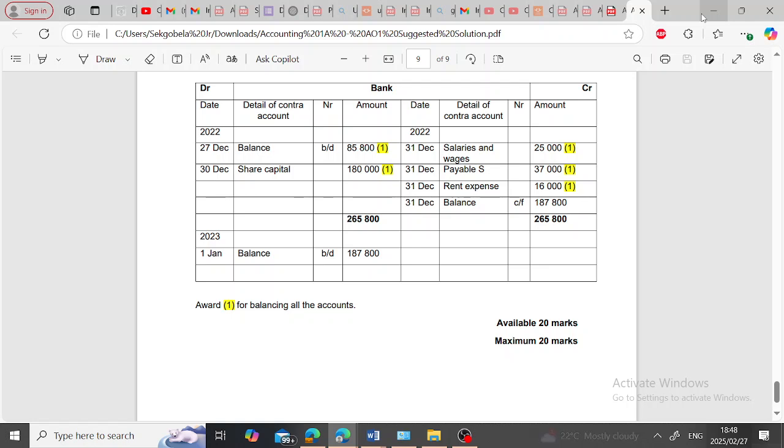So if you happen not to balance one account, you don't get this 1 mark. And trust me, every mark counts. You will see. And then voila, that is how you get your 20 marks. Is everyone fine? Good. So now we move on to the 2024 question.